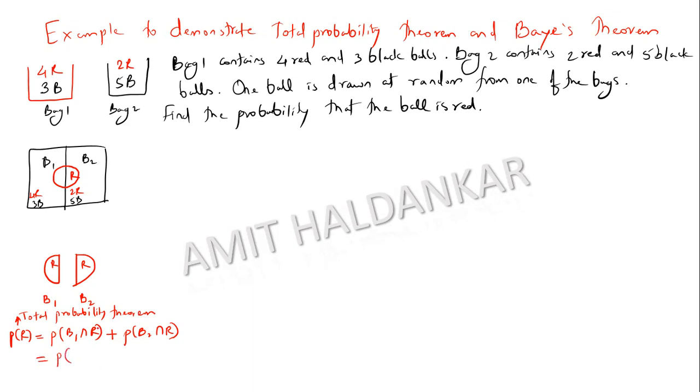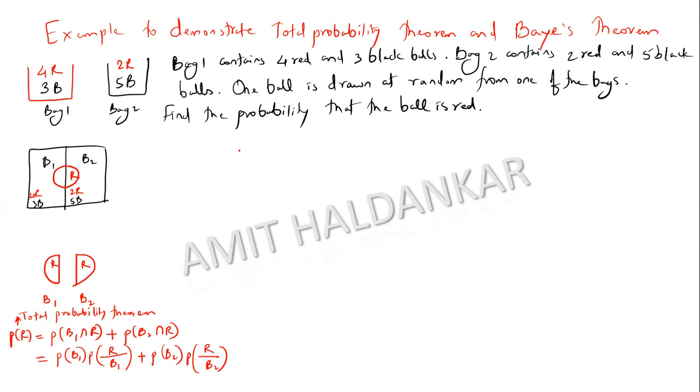I can use P of B1 intersection R and split this: probability of B1 into probability of R given B1, plus P of B2 into P of R given B2.